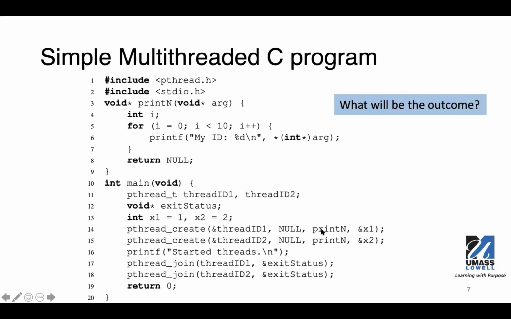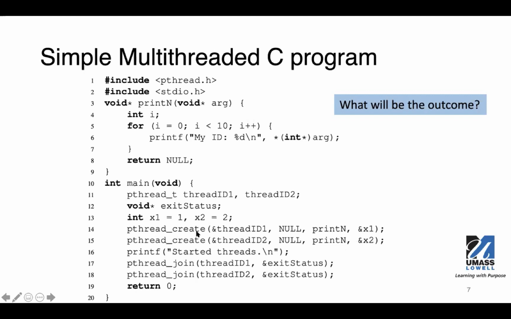The third is related to the function that we want the thread to execute, and that's exactly the function we declared earlier. So print n is the third argument, which is the function pointer. The final argument is a pointer to the variable x1. In the next line, it's a pointer to the variable x2.